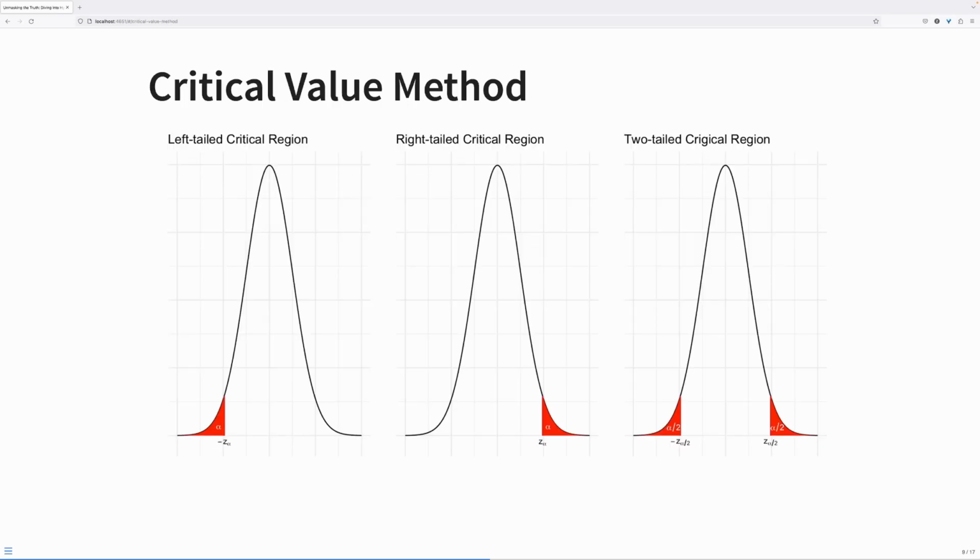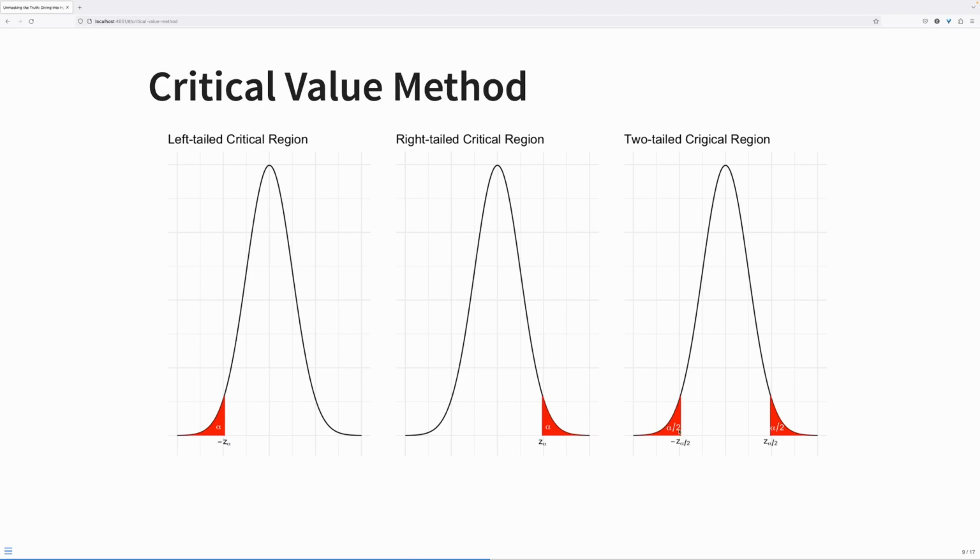So let's look at the critical value method. In here, the z subscript alpha refers to the z-score with an area of alpha to its right. So the area of this part is alpha. And similarly, z subscript alpha divided by 2 refers to the z-score with an area of alpha divided by 2 to its right.